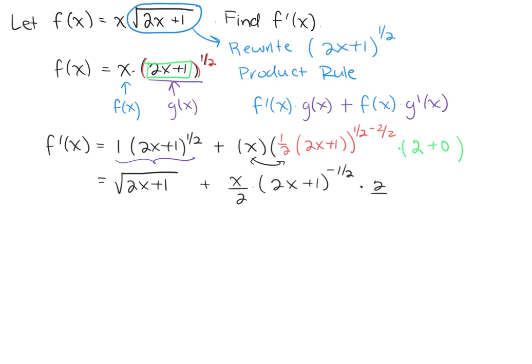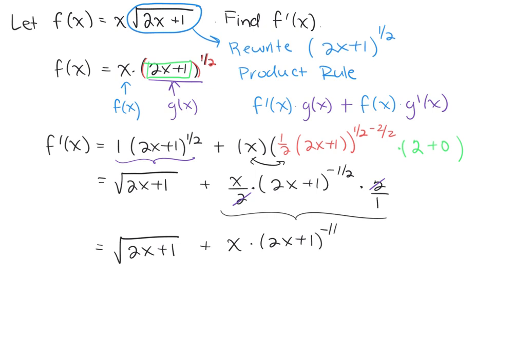And then I'm going to write this last 2 as a fraction, so 2 over 1. So hopefully you can see it's attached to this whole thing here by multiplication, which means that I can cancel out the 2s. All right, so what we have here is the square root of 2x plus 1 plus x times 2x plus 1 to the negative 1/2 power.